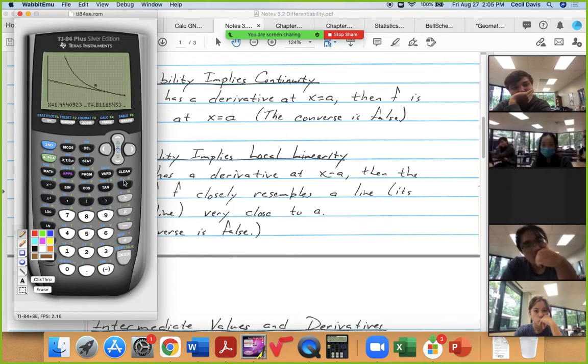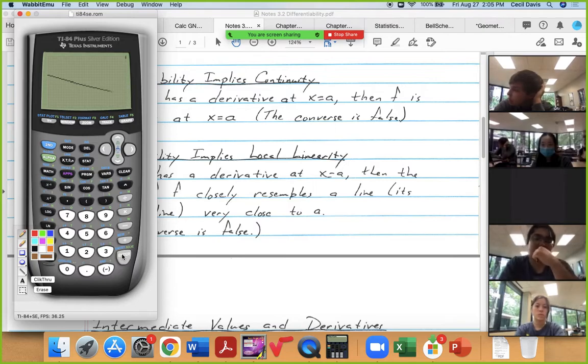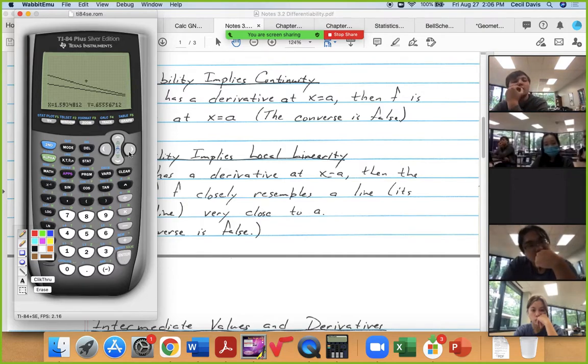So you just set one of your corners, and then you go set the opposite corner. So there's 1 over x, and here's my tangent line. Yeah, they're pretty close together.